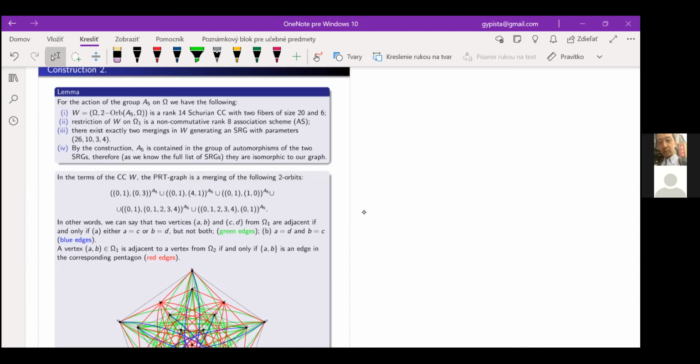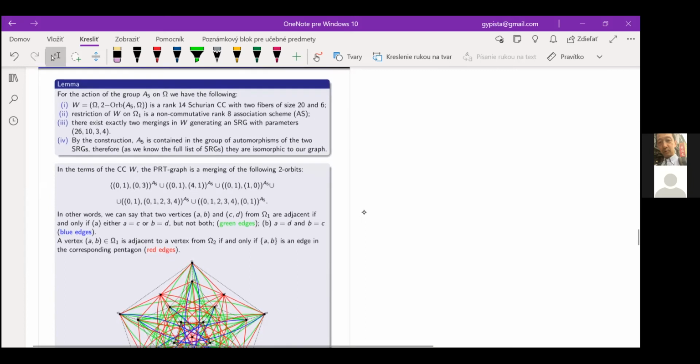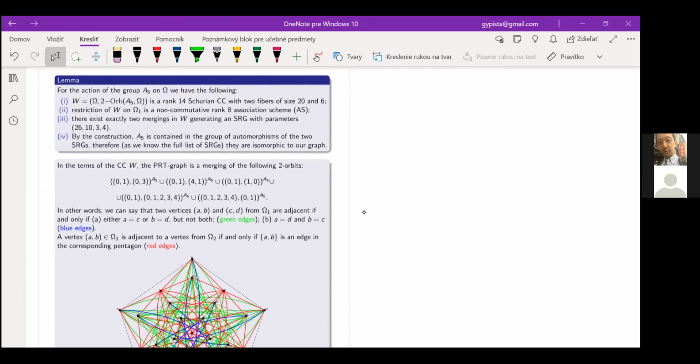And of course, it will have 2 fibers corresponding to the orbits, the sets omega 1 and omega 2. Maybe a less interesting fact is that the restriction to the fiber omega 1 gives a non-commutative association scheme of rank 8.